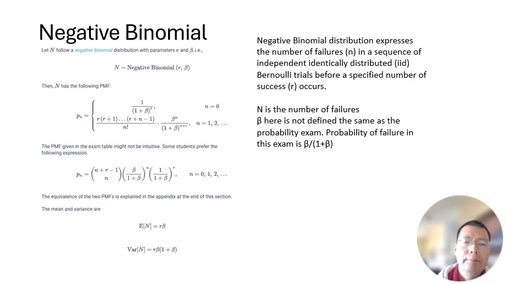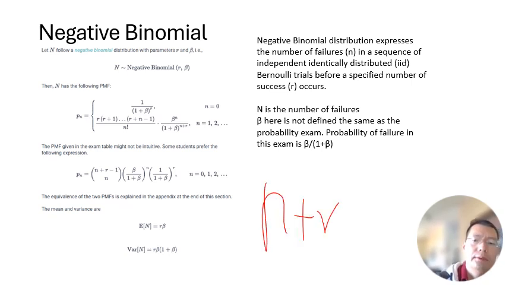Among these n plus r games, the last one is always a win, so we have to subtract this one. Then among these n plus r minus 1 games, I have to choose n games that I will fail.